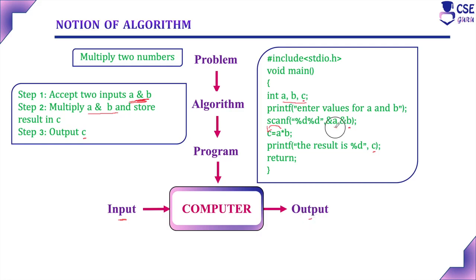So here it will accept two inputs, that is A and B. After accepting two inputs, the computer will execute the program, and once the program execution is successful, it will display the output. Suppose if any program error is there, the computer will raise the programming error. The programmer has to debug and clear the error, and then it will display the output. So this is nothing but the notion of algorithm.